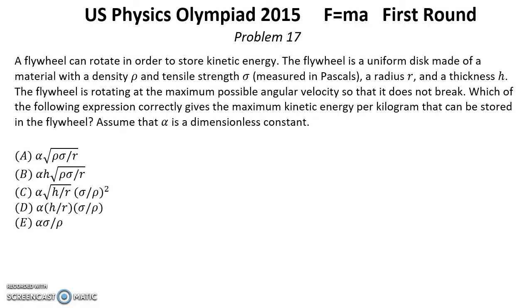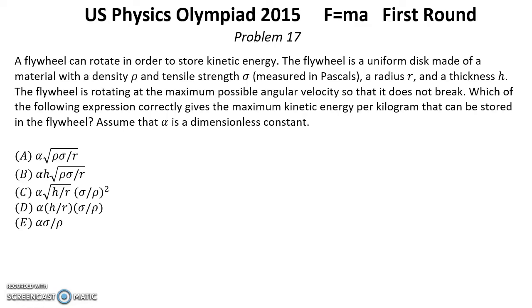Problem number 17. A flywheel can rotate in order to store kinetic energy. The flywheel is a uniform disc made of material with density ρ and tensile strength sigma, measured in pascals, the radius r and the thickness h.